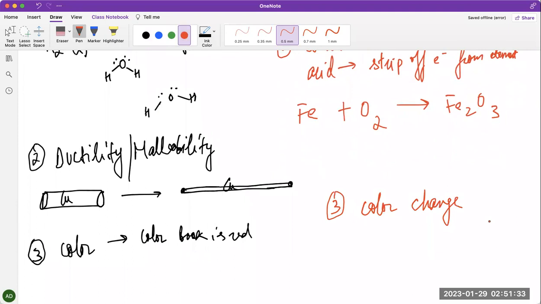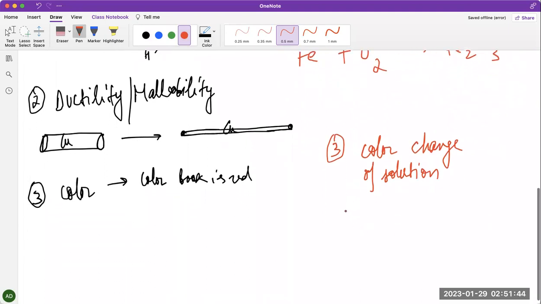So why is that? If the color of a solution changes, then something must have happened to the chemical identity. So for instance, you take one test tube, okay, and this test tube has chemical A, and then you take test tube number B, which has chemical B, and let's say this one is orange in color, okay, and there's some chemical sitting inside.